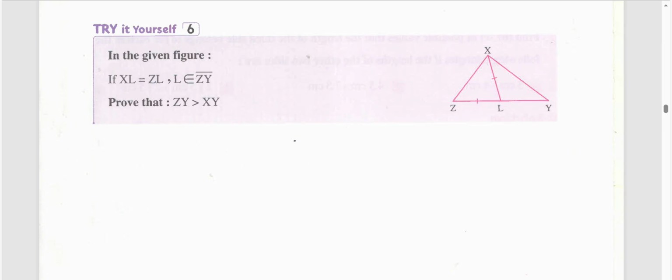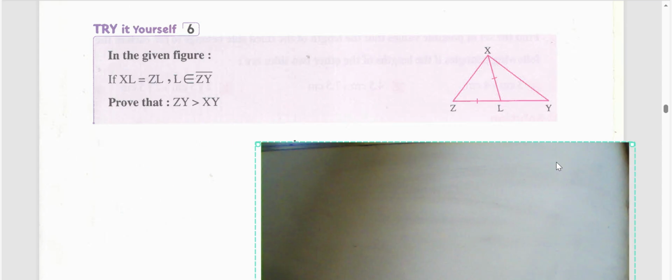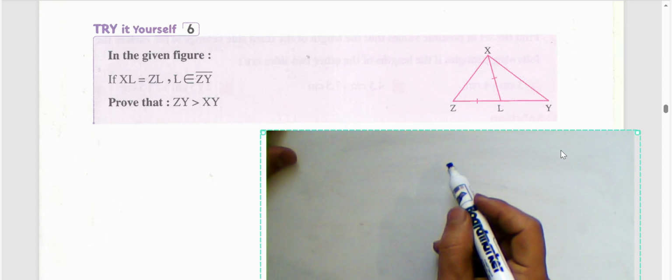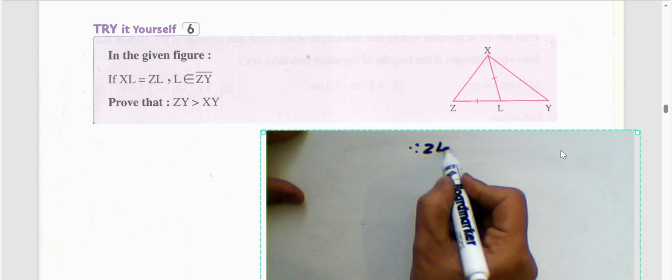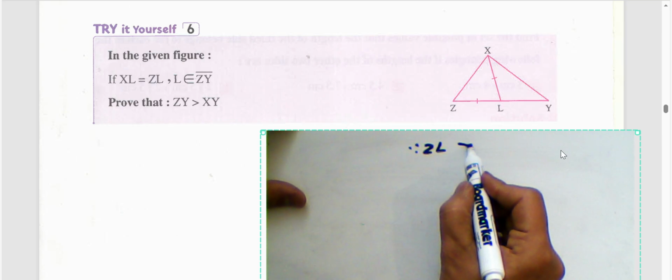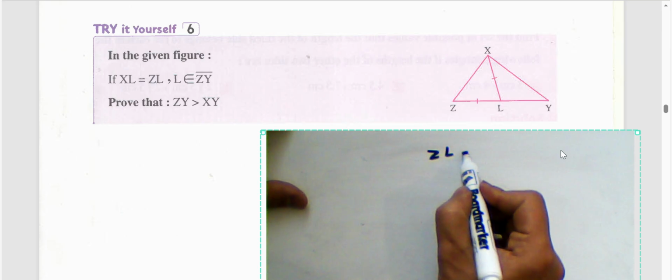He gives me two equal sides. This is the measure of the two base angles. This angle Z equals angle X. We want to prove that ZY is greater than XY. How can we prove that? Okay, we write the relation here and prove that. He gives me this information: ZL equals XL.